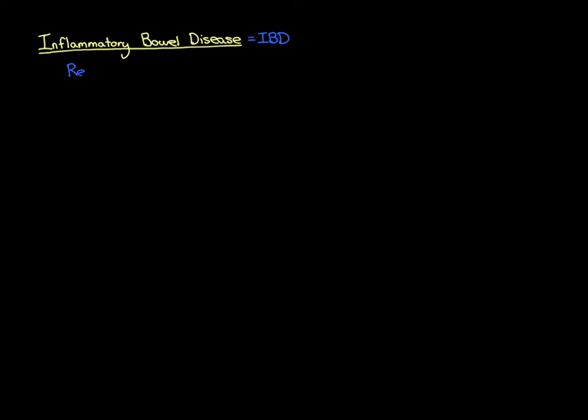We call them relapsing, remitting diseases. This is the fancy term for a disease that comes, when it relapses, and then when it goes into remission, it goes away. So, to summarize, inflammatory bowel disease is a relapsing, remitting, or you could say episodic disease in which you get inflammation occurring within some portion of the intestines.